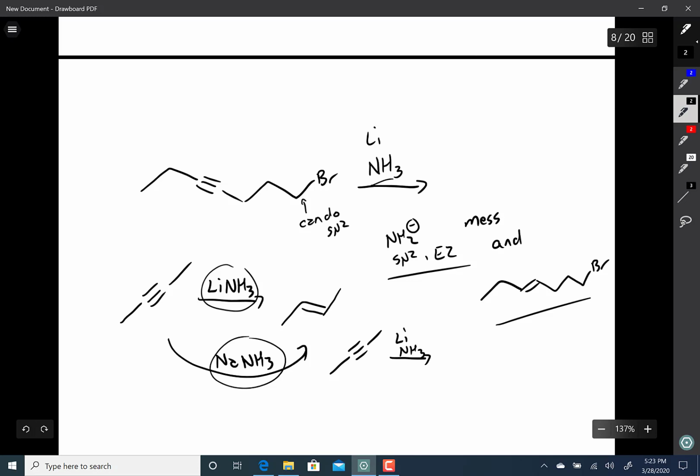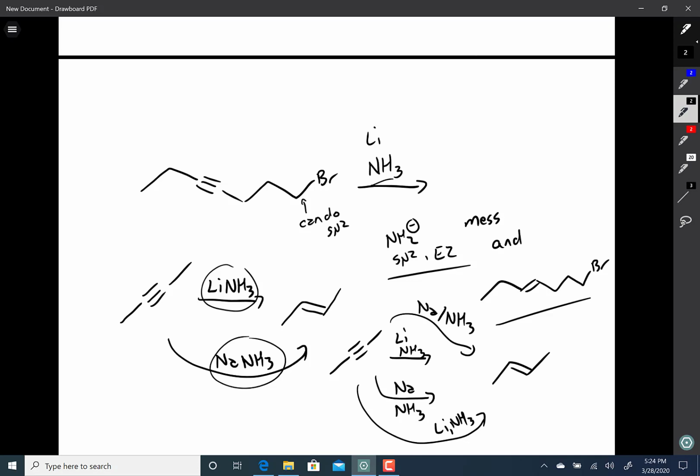You can put it like this. You can put it like this. Or you can put it with a slash, or you can put it with a comma. But you need to distinguish that they are very different compounds. Okay.